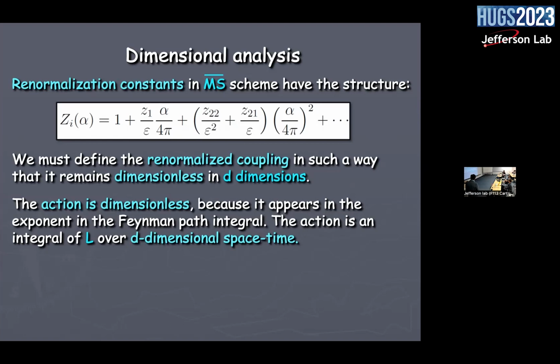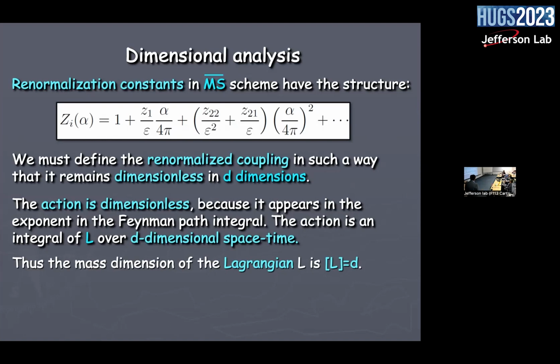I'll not talk about the action. The action is dimensionless, and there is an exponential and there is a Lagrangian. The action is the integration of the Lagrangian density in d dimensions, and therefore it's like d^dx L. Because it appears in the exponential, it has to be a dimensionless quantity. So d^dx times the Lagrangian density should be dimensionless.